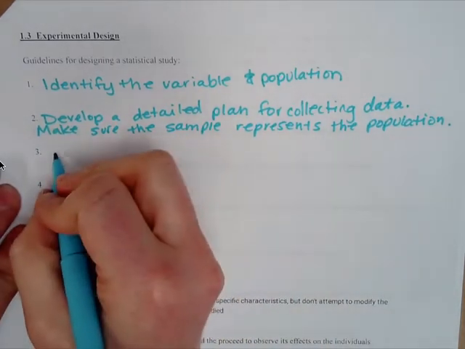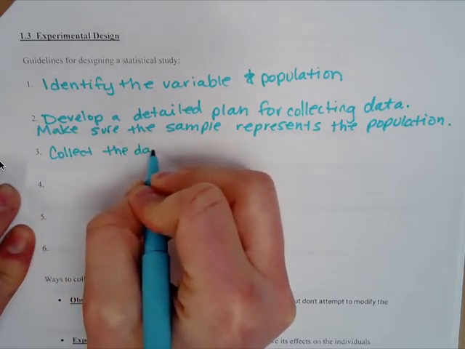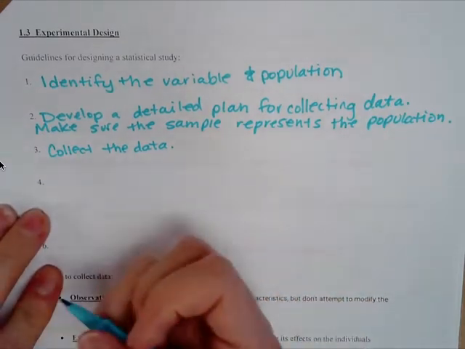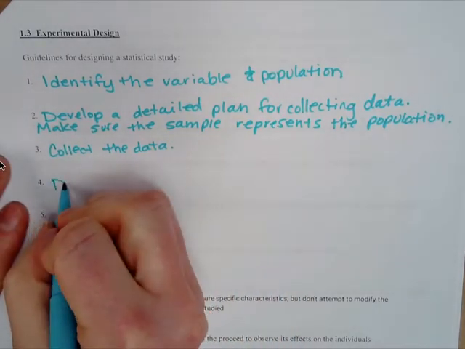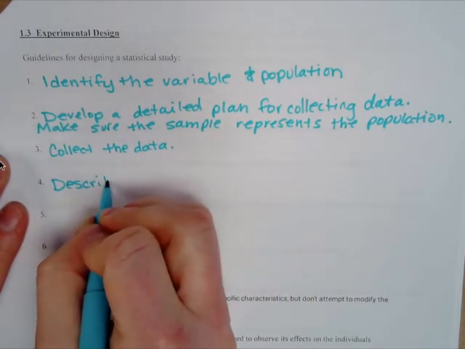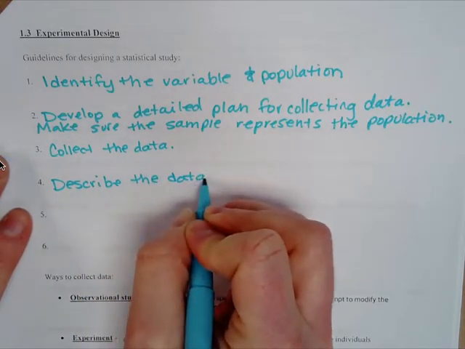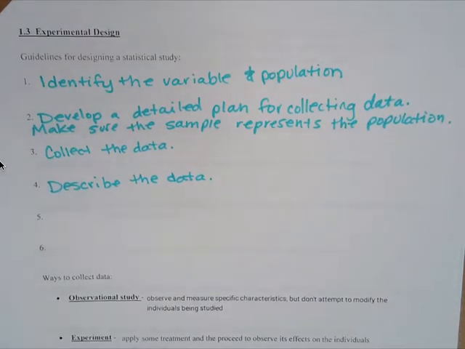The next part is you're going to actually collect the data. After you have your data, you're going to look at that data and describe it using descriptive techniques. So describe the data. That could include finding the mean, median, mode, and range.